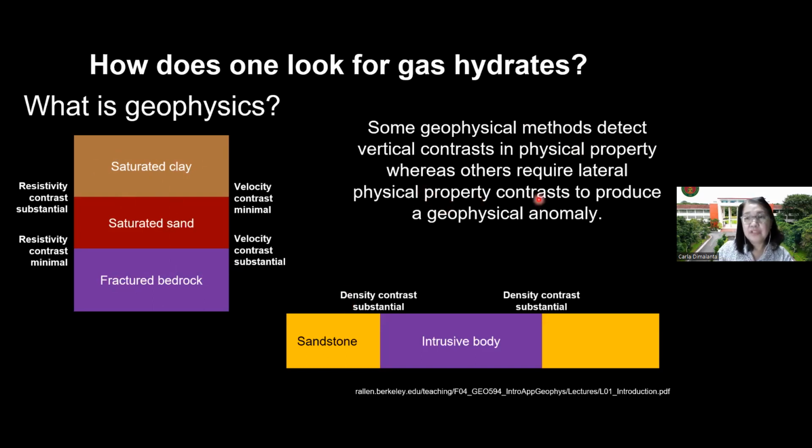In order to produce a geophysical anomaly, kasi it's the geophysical anomaly that we want to interpret in terms of the features that we're looking for. So here are some examples of geophysical methods that show only their capability to detect lateral changes to be able to produce a geophysical anomaly.